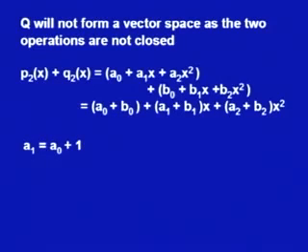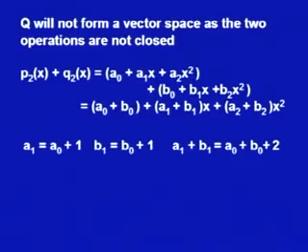Here a1 is equal to a0 plus 1 because P2(x) belongs to the set Q. Similarly, b1 is equal to b0 plus 1, since Q2 belongs to Q, and from this one can see that a1 plus b1 is equal to a0 plus b0 plus 2.